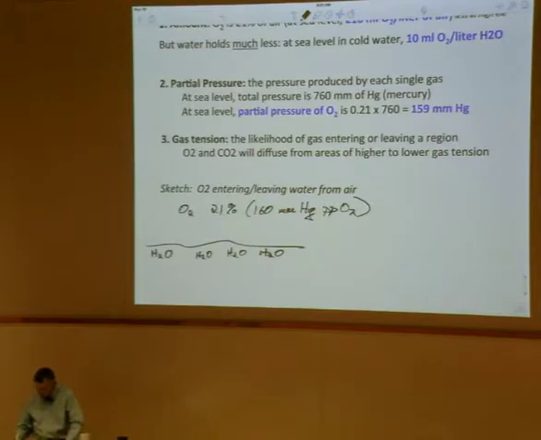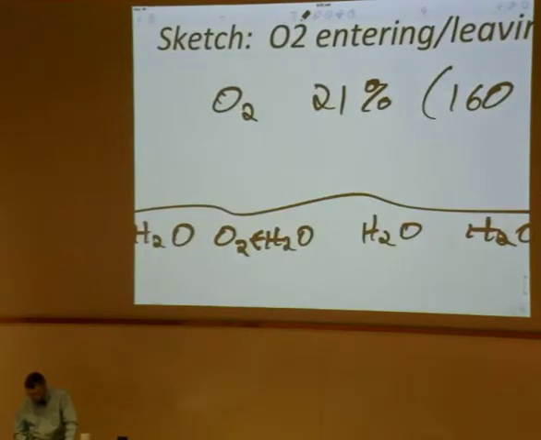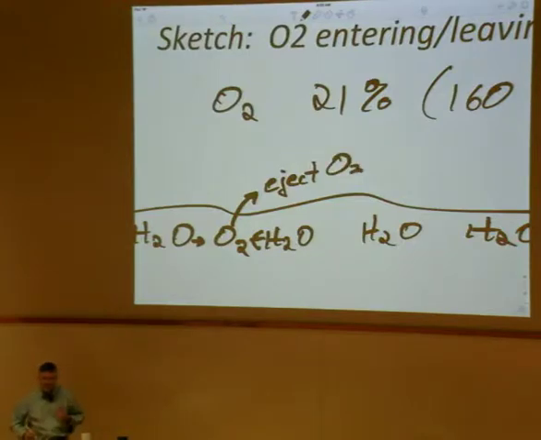The problem for oxygen is that anywhere there's a water molecule, water molecules are attracted to each other, and so they have a tendency to eject oxygen. Okay, simply because oxygen does not interact well, doesn't form hydrogen bonds with water.